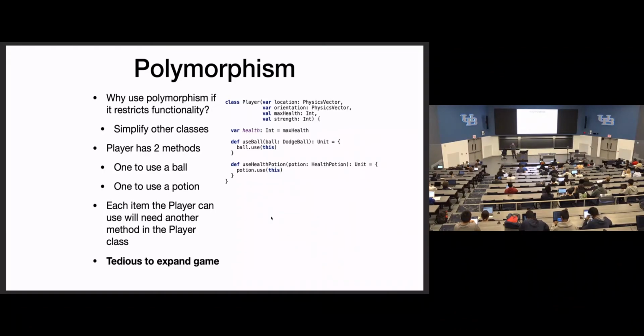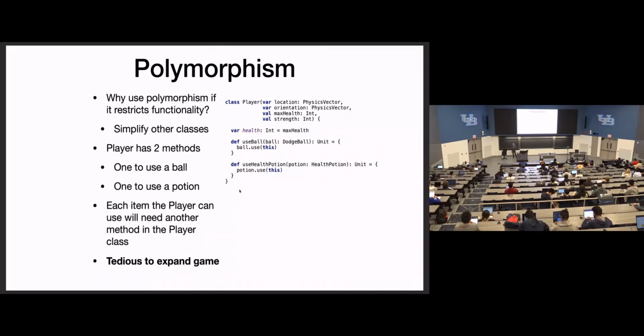This is painful. Now every time, we were talking about how many objects we might want to add to this game, we might have hundreds of different object types that we want to add to this game. For every object type we add, are we going to add another method to this player class? Like, I don't want to do that. I don't know if you want to do that. But I sure as hell don't. I hope you don't either.